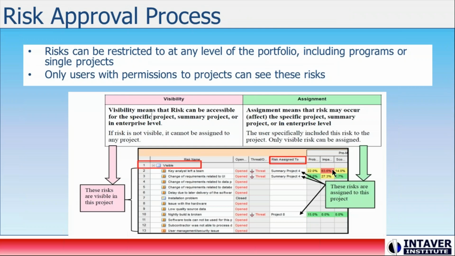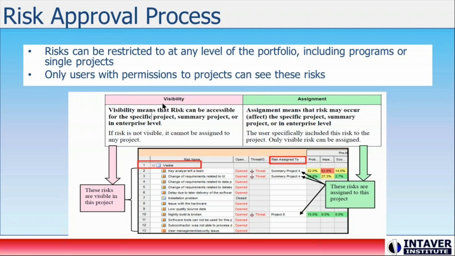Part of that is we want to be able to move risks around the system, depending on how we see during our analysis they're impacting things at the project level or program level. So you need a risk approval process.